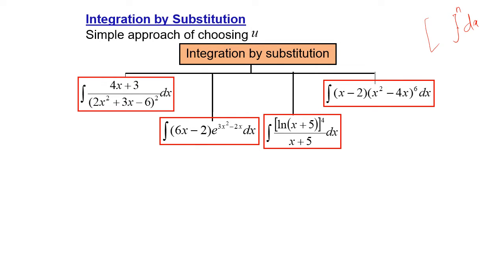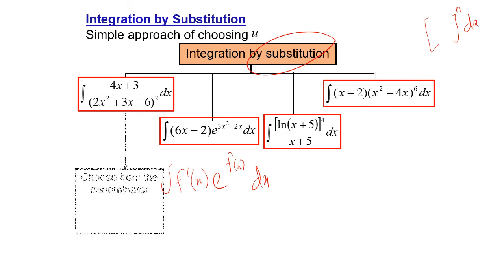But now we want to try to use the substitution method. And for the exponential, we have the function f prime x multiplied by e to the power of f(x) with respect to x. So 1, 2 and 4 are special forms of integration, basic integration.